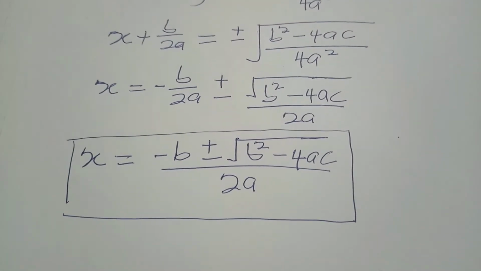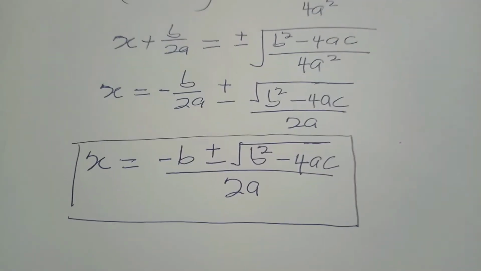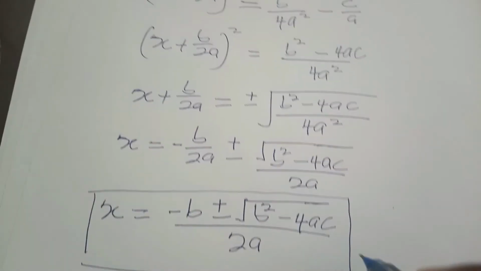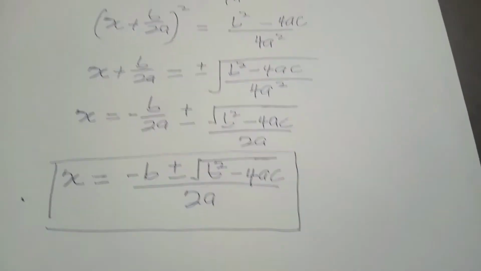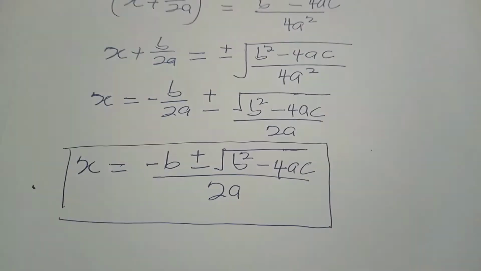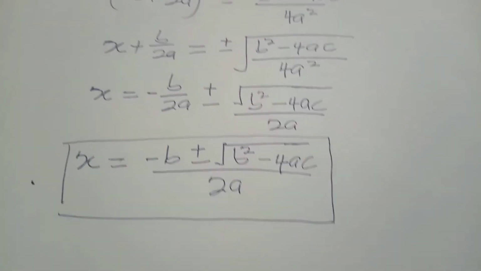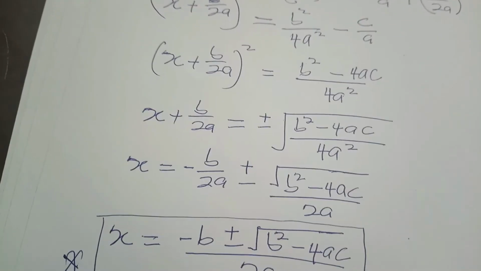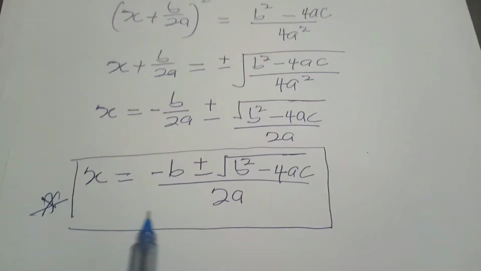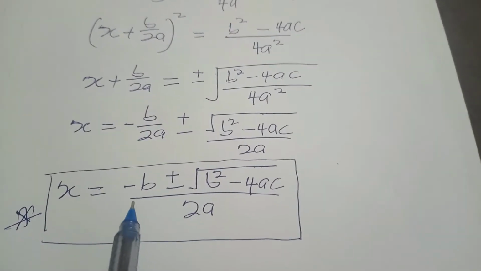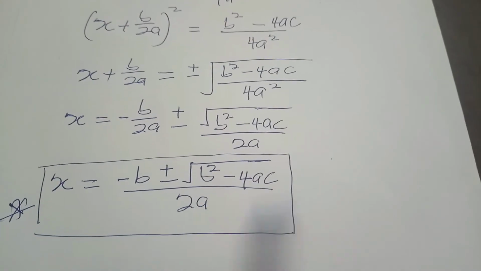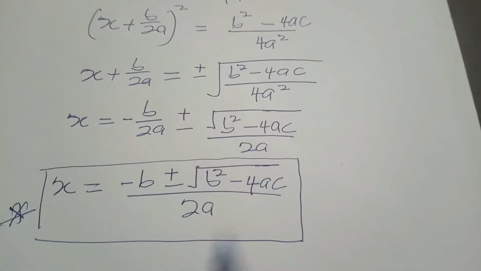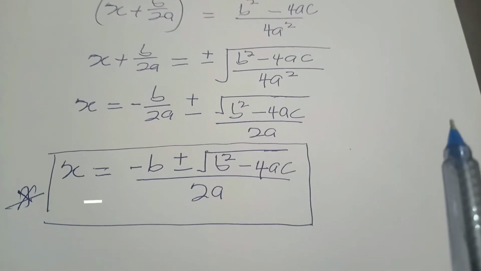So this is the end of the formula, since we just wanted to prove that the general expression ax squared plus bx plus c equals 0 will give us x equals negative b plus or minus the square root of b squared minus 4ac all over 2a.